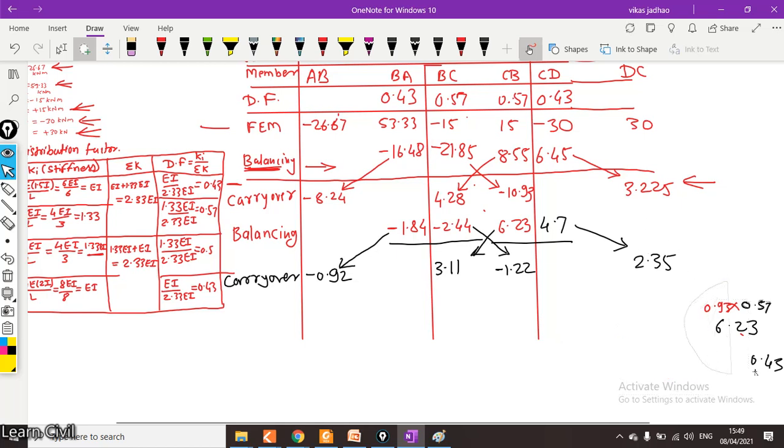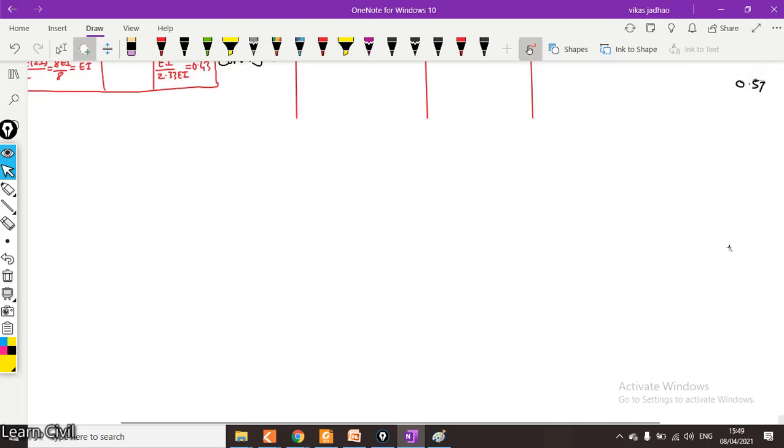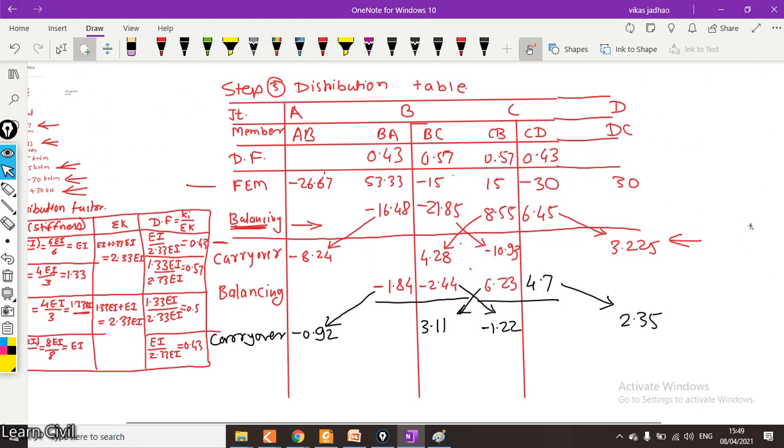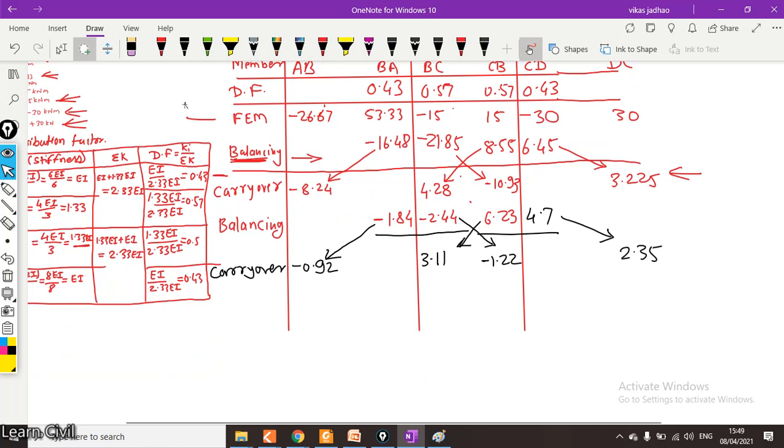Okay, still the problem is not completed because we are still having some unbalanced moment. You can see here at this joint A, this moment of 0.92 will be self balanced because it is a fixed support.